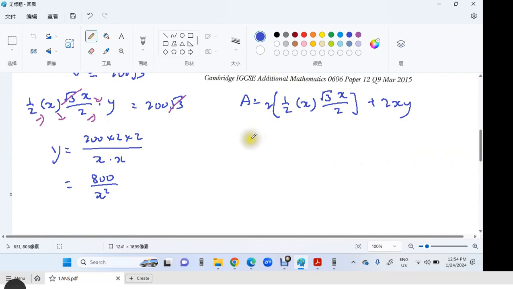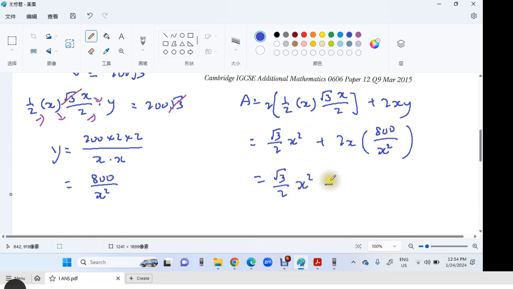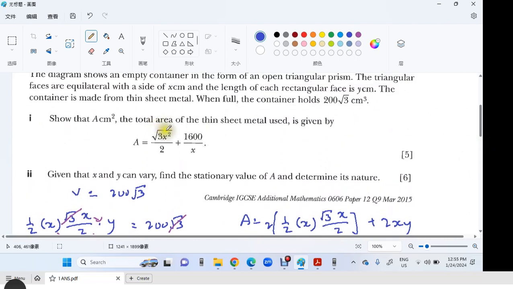Then we have square root 3 over 2 x squared plus 2x multiplied with 800 over x squared. Then we have square root 3 over 2 x squared plus 1600 over x.